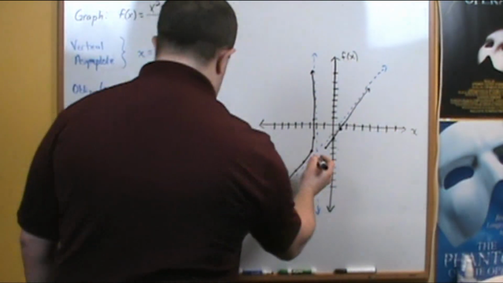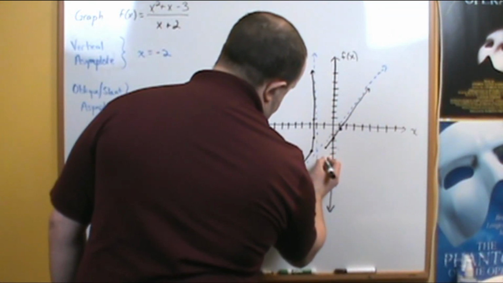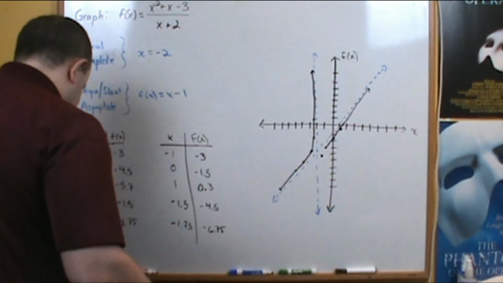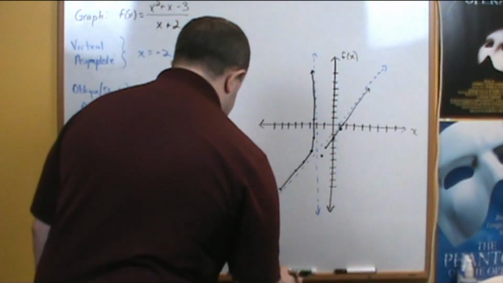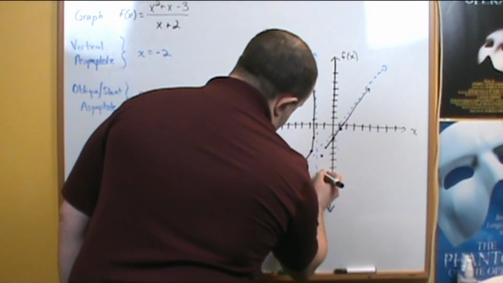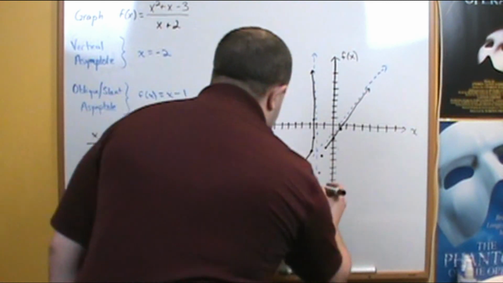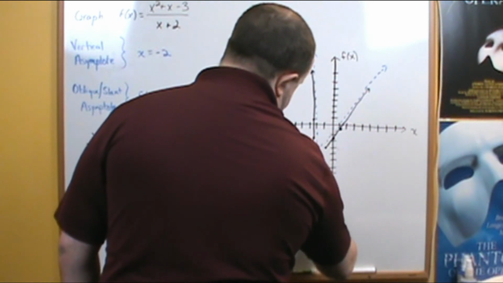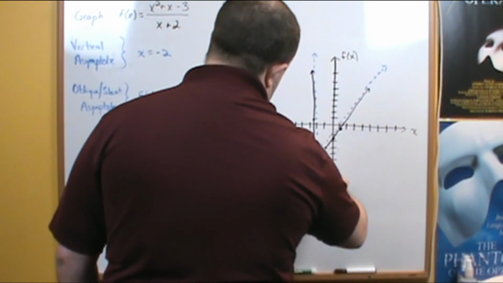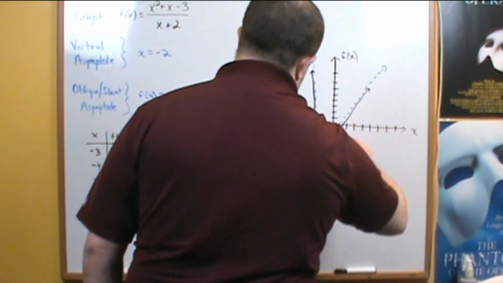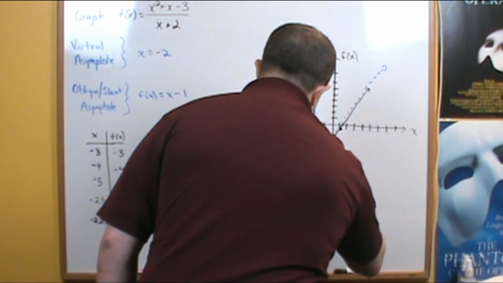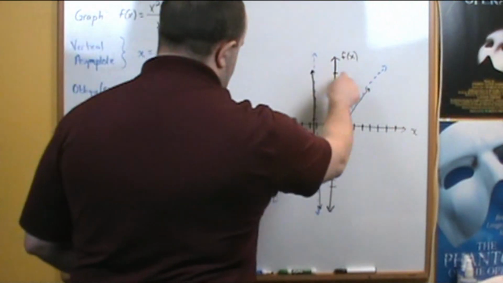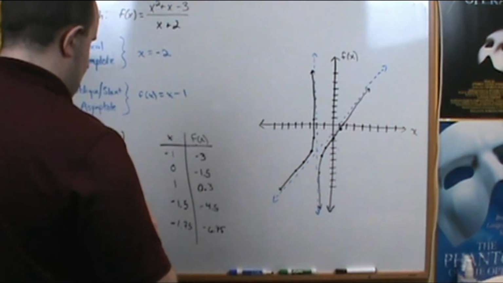If we graph that, -1.5, -4.5 is right here. And then -1.75, -6.75 is right about here. So this graph, after it comes up, climbs this vertical asymptote, it starts to climb on this side of the vertical asymptote and rises and hugs the oblique asymptote. Okay? And that right there is what the graph looks like.